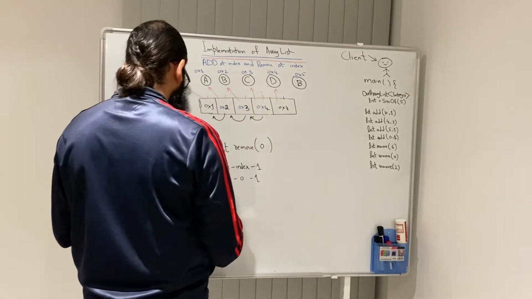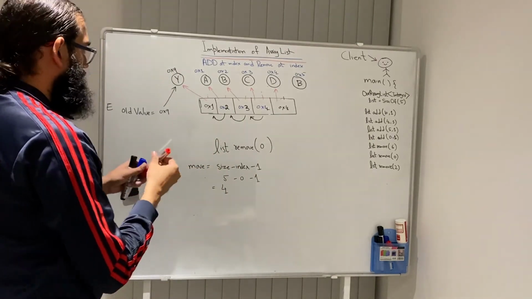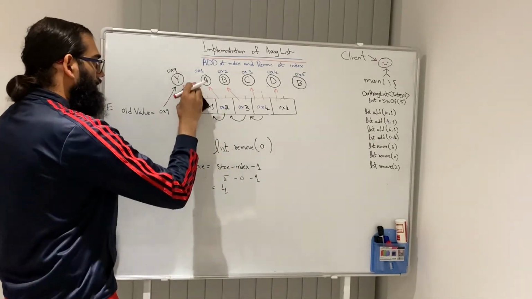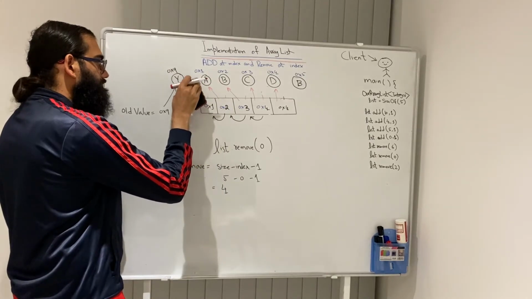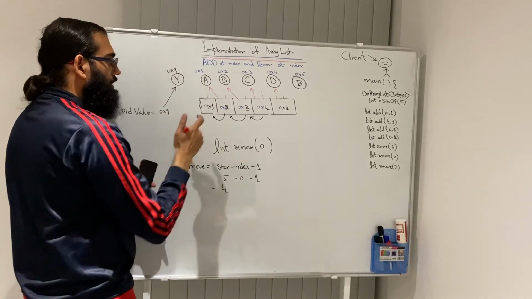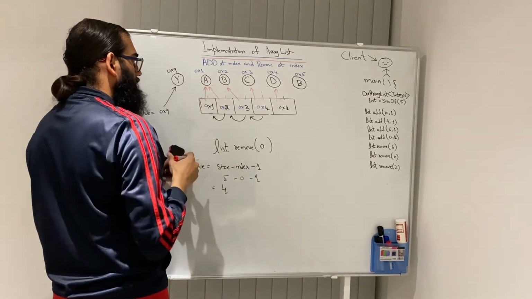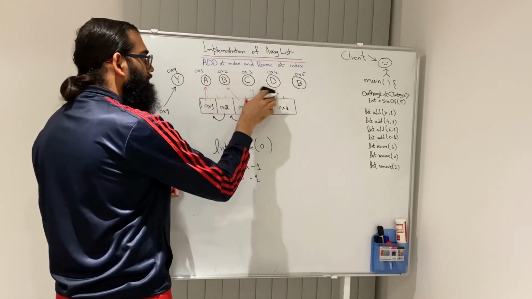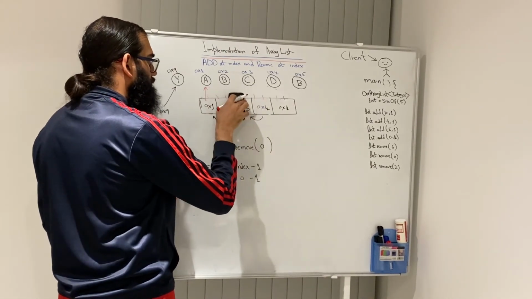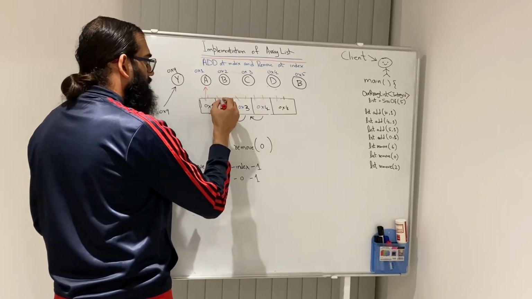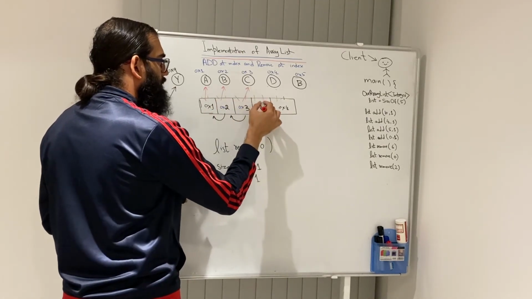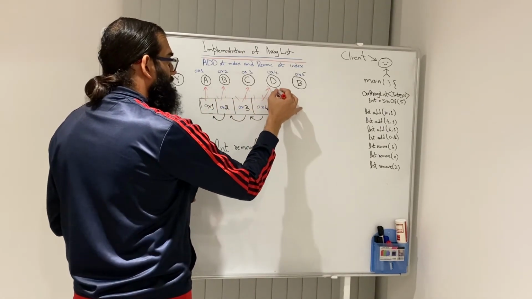We are still here. Now we need to update our arrows. Then 0, 1, 2, 3, 4, and this is still 4.